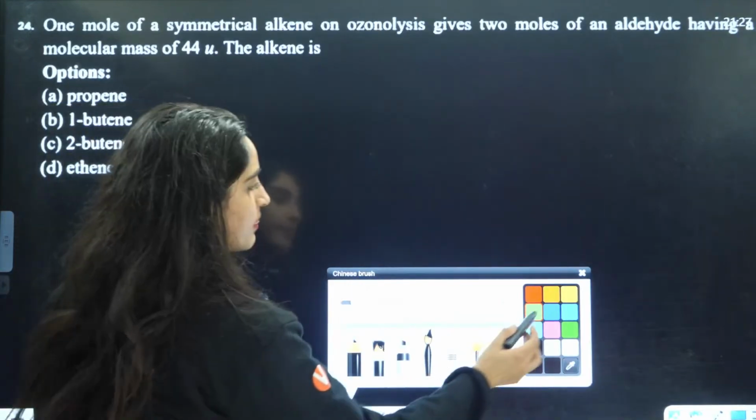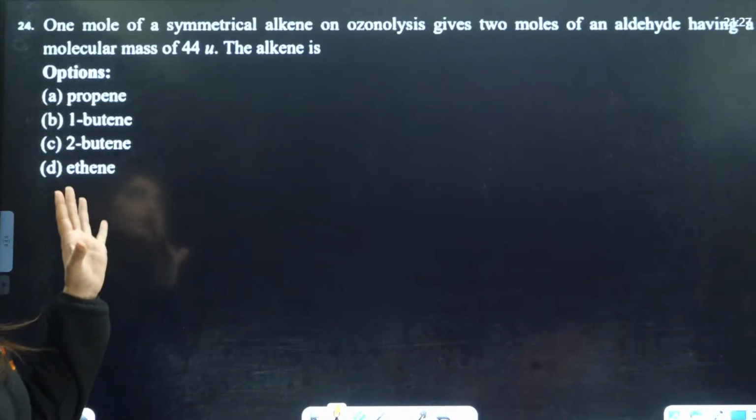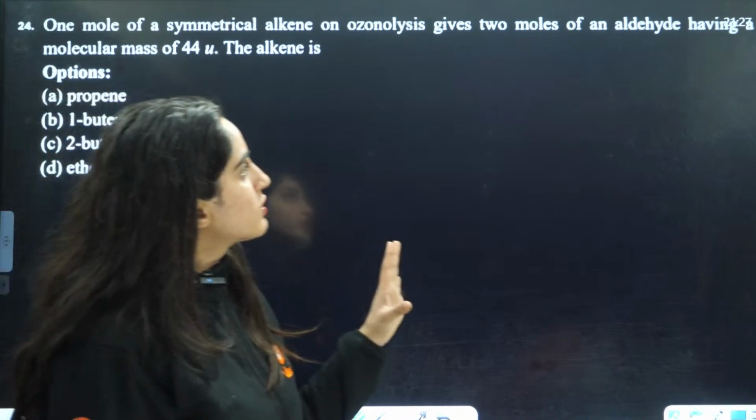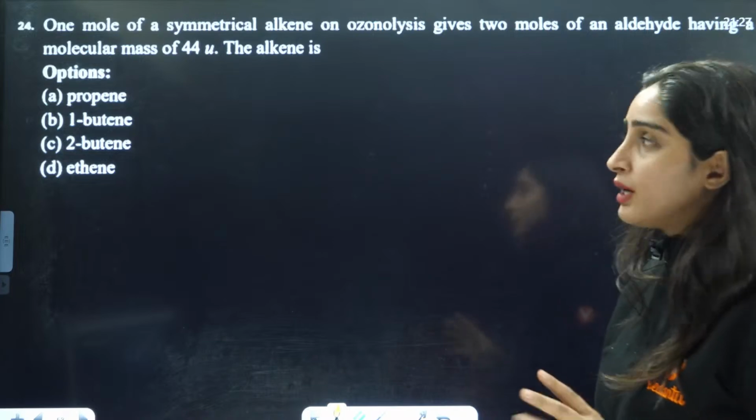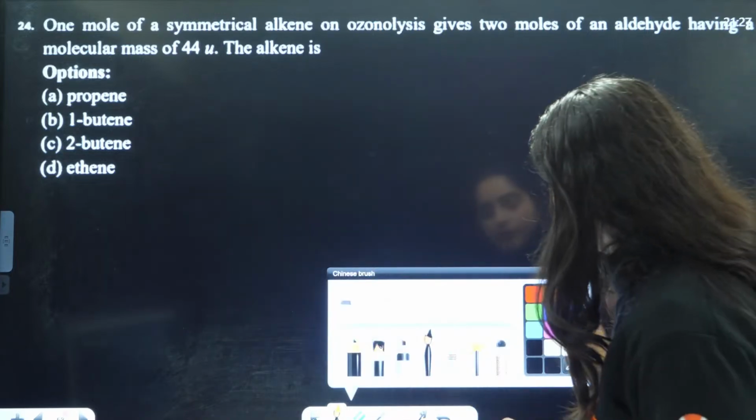Next is, 1 mole of symmetrical alkene on ozonolysis gives 2 moles of aldehyde having a molecular mass of 44 u. Very simple.